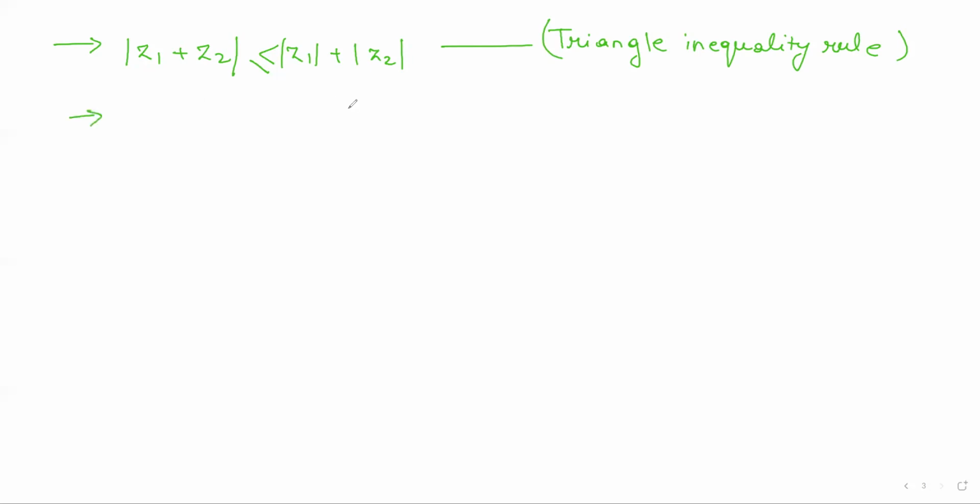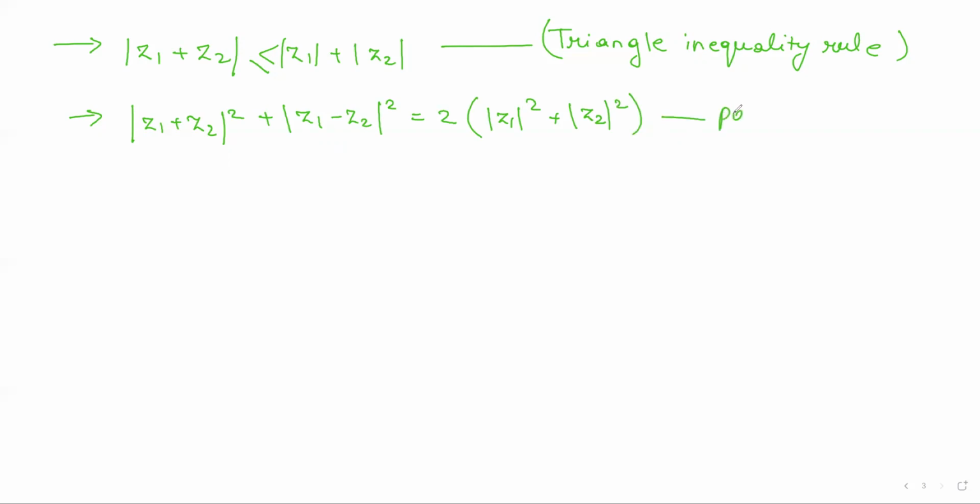There's also a parallelogram law which states that mod of z1 plus z2 whole square plus mod of z1 minus z2 whole square will be equal to 2 times (mod of z1 square plus mod of z2 square).